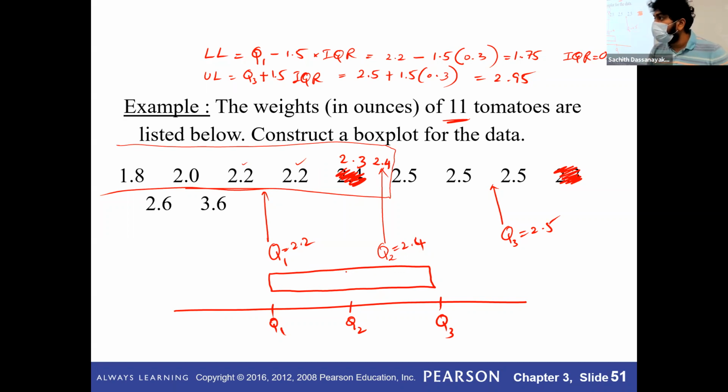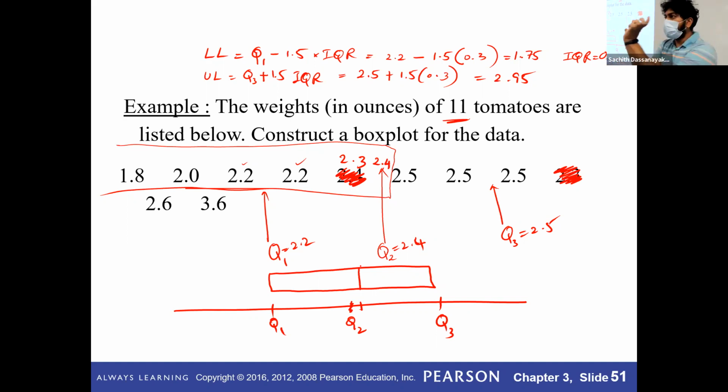The gap between Q1 and Q2 is greater than the other one, which means it's going to be like this. Your Q2 is something like this, because this one is 2.2, this one is 2.4, the gap between those two is 0.2. Q3 is 2.5, so the gap between 2.4 and 2.5 is 0.1.